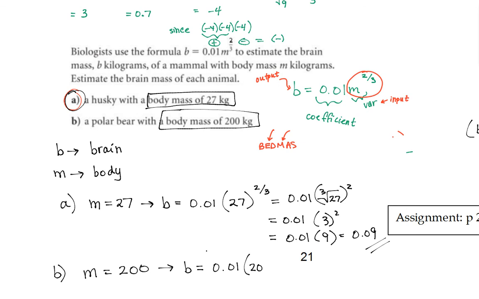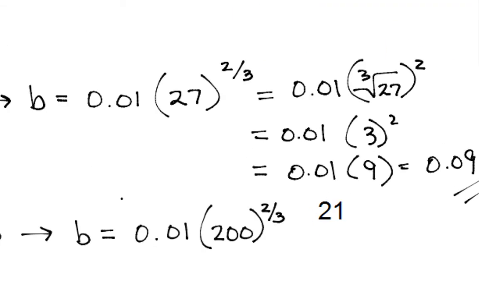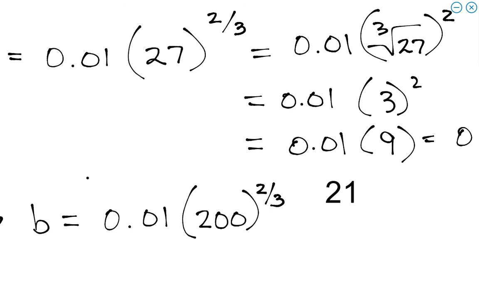Now when I go to try to do this one, I'm thinking to myself, the cube root of 200, that's not easy to do in my head. So I'm going to just put this one into my calculator. 0.01, 200 power 2/3. Yeah, it's not a nice number. 0.34.